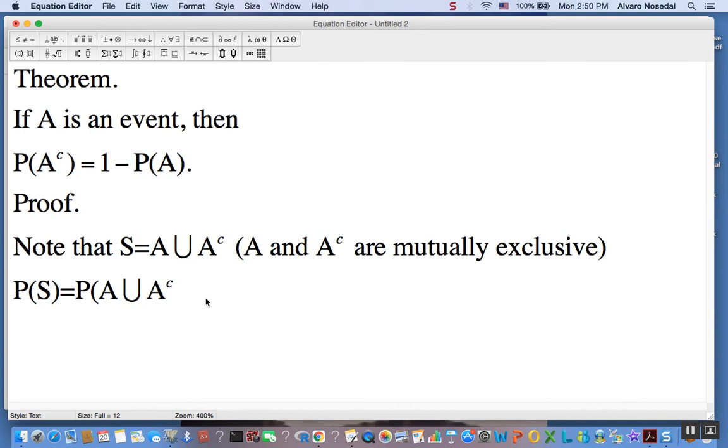But since they're mutually exclusive, that happens to be the probability of A plus the probability of A complement. And again, we get to do this because A and A complement are mutually exclusive. Remember? Okay.